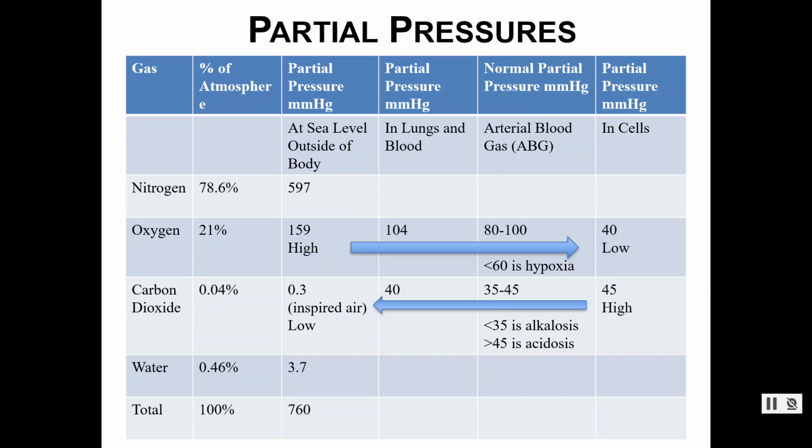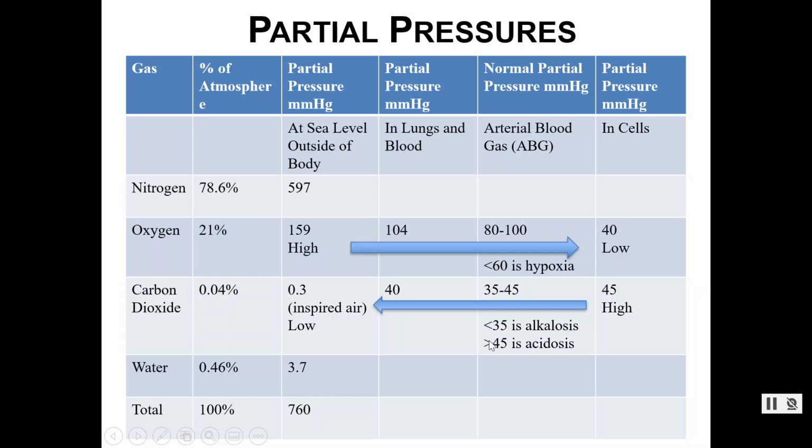Now, we do also have additional values for carbon dioxide here. These two actually will be good to know. If you have a partial pressure of less than about 35 of carbon dioxide in your arterial blood, we consider that to be an alkalosis. So your blood pH has gotten too high.